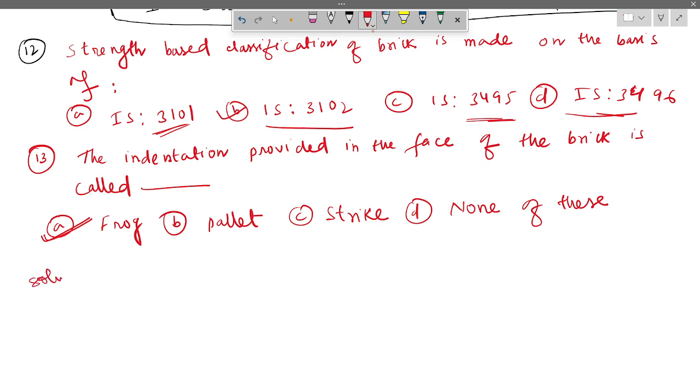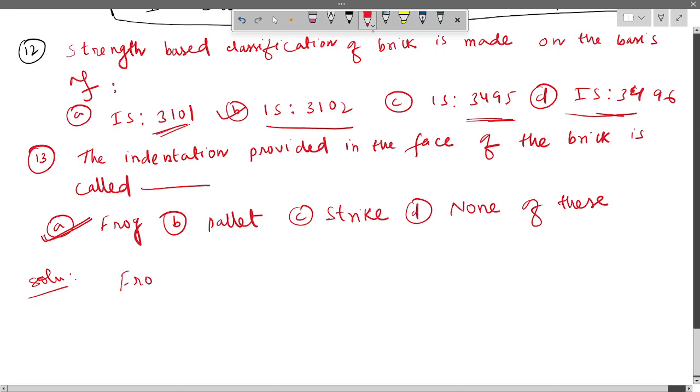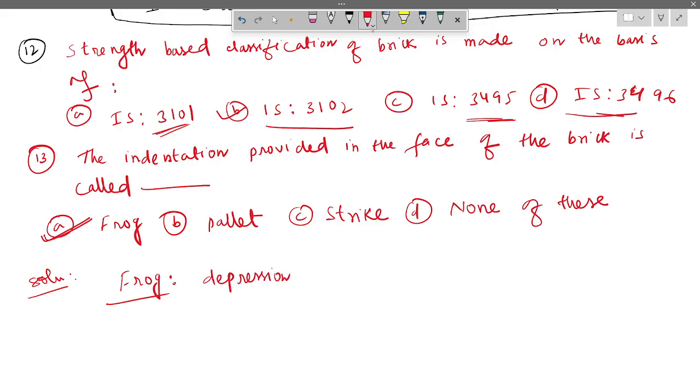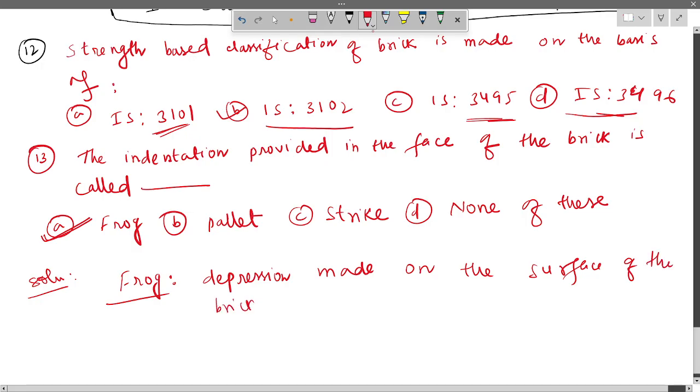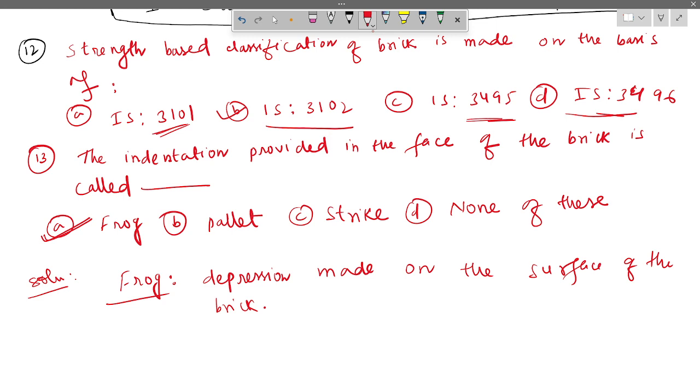If you write in the solution what is frog, the frog is a depression on the face of the brick, made on the surface of the brick. Why are we providing the frog?